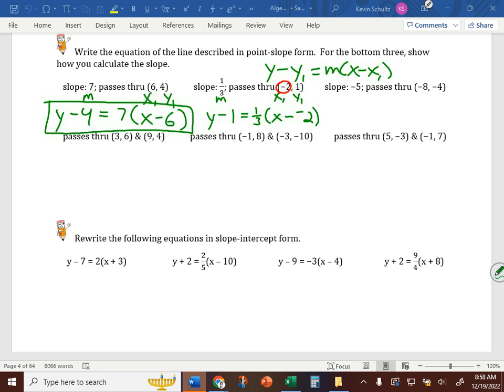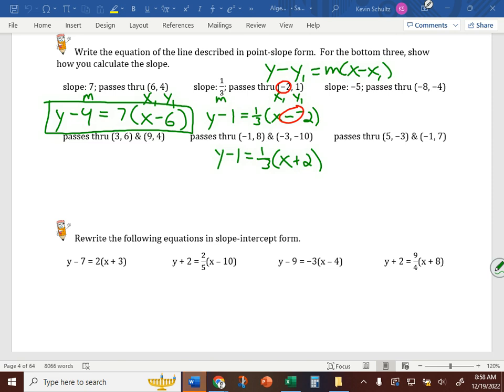But as we learned from the slope formula and other things we've done previously, when you've got that minus a negative, that's actually addition. So you should write it: y minus 1 equals 1/3 times x plus 2, because subtracting that negative value actually switches it to addition.